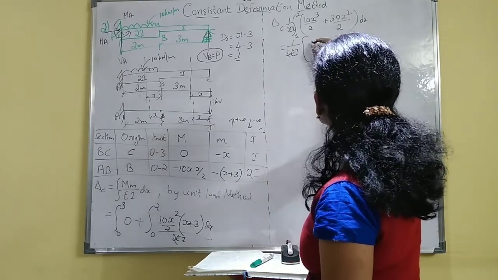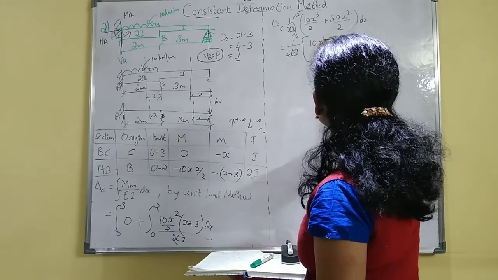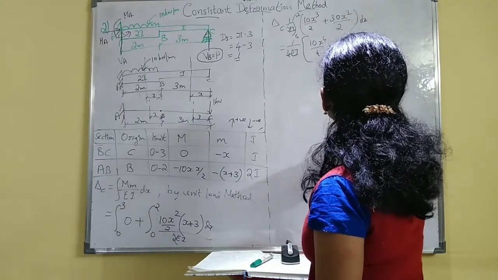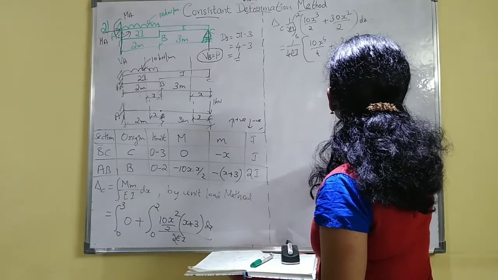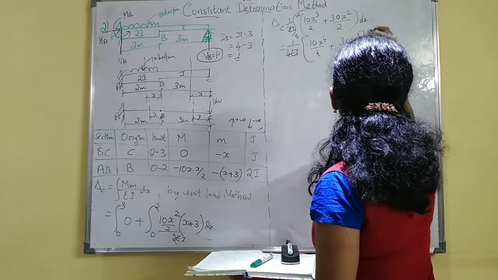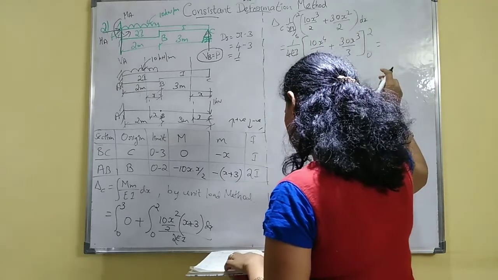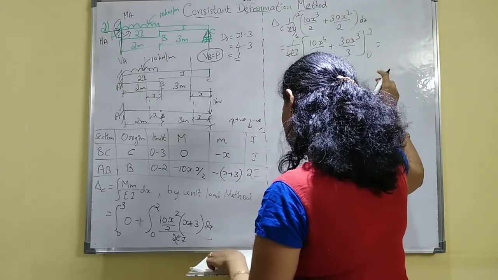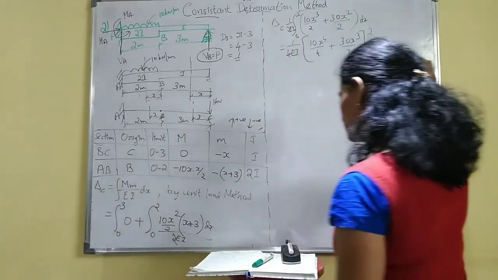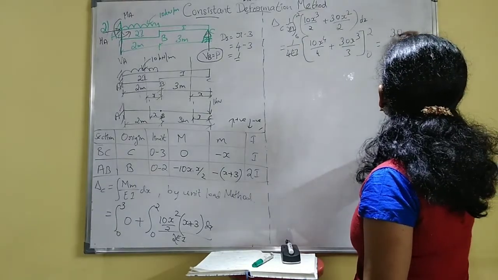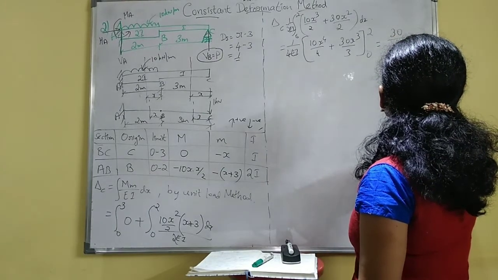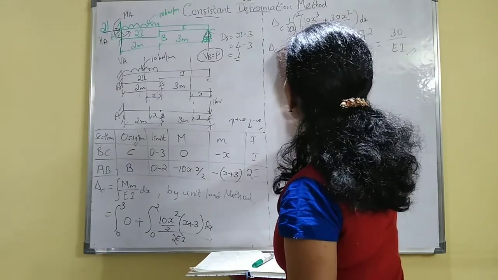After integration you will have 10x to the 4 by 4 plus 30x cube by 3, from 0 to 2. After simplification you will have 30 by EI. So delta C is 30 by EI.